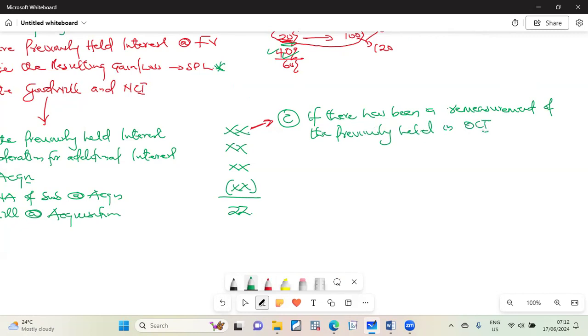So probably, like I said, it can be fair value through OCI. If they have done that, then any changes in value recognized, let me say in earlier years, are now what?